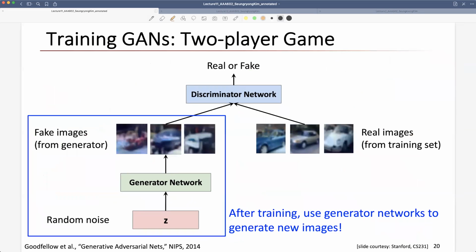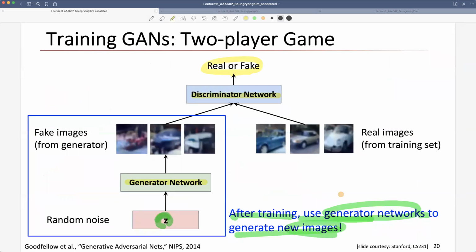Okay. So after training, we just use the generator network to generate new samples, new images. So here is the random noise set, generator network here, discriminator network here.